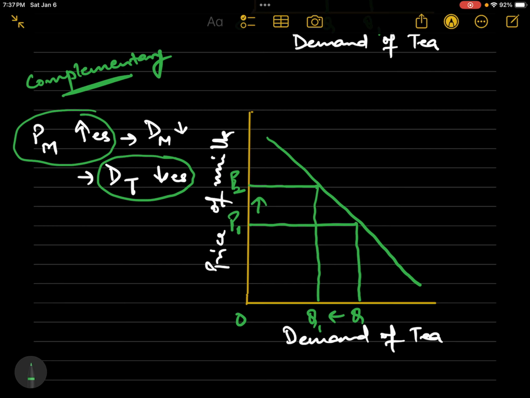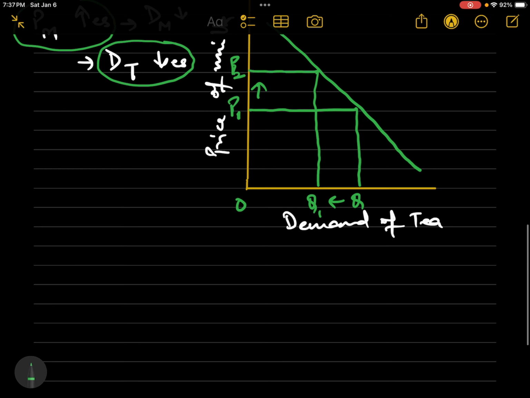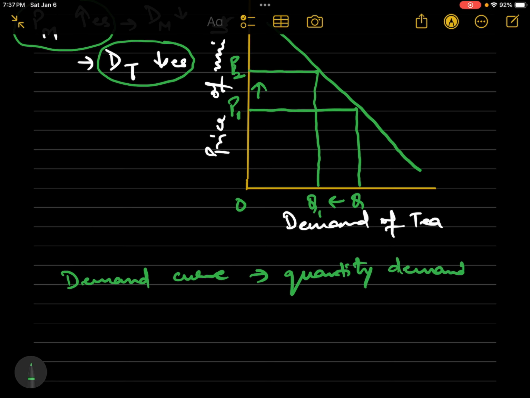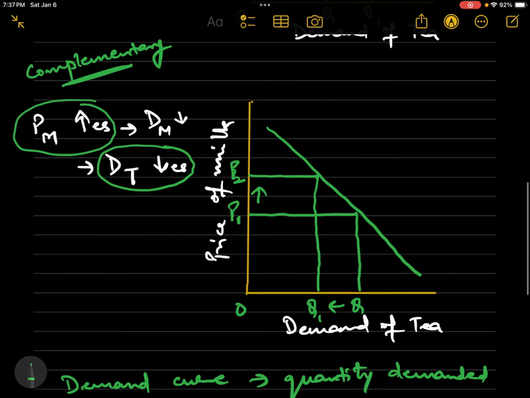One thing we need to note is that a demand curve shows the relationship between quantity demanded and price of a given commodity. These are not demand curves.